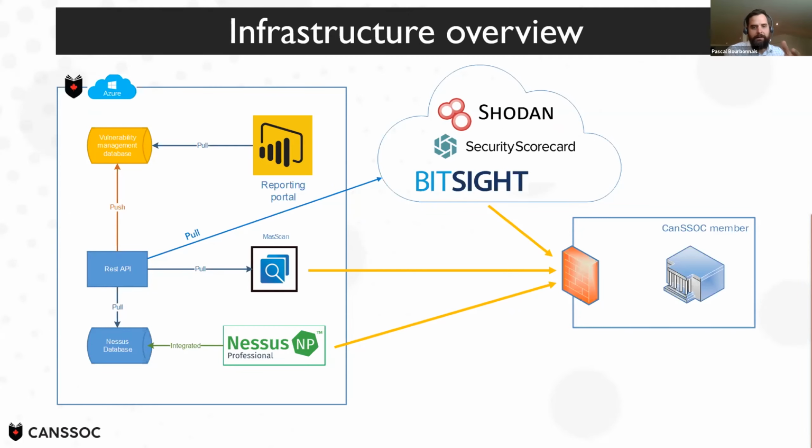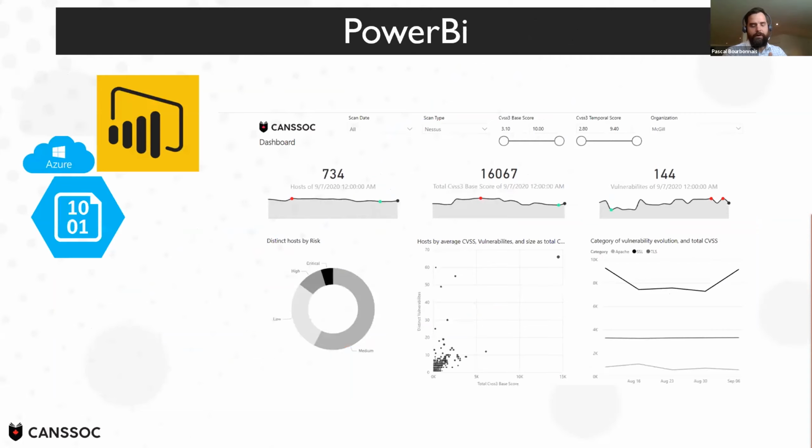But we're also collecting data from cloud services like Shodan, SecurityScorecard, and BitSight. At least we're working on it. It's not perfect yet, but we have Shodan perfectly integrated. And the goal of all of that is to bring the information into a centralized dashboard that we can take decisions on without having to access multiple products to get the same information.